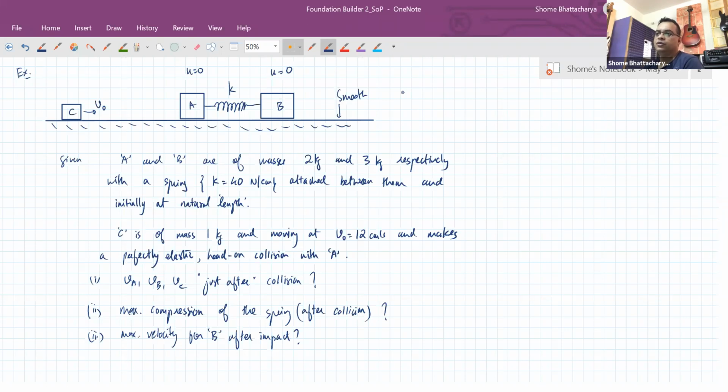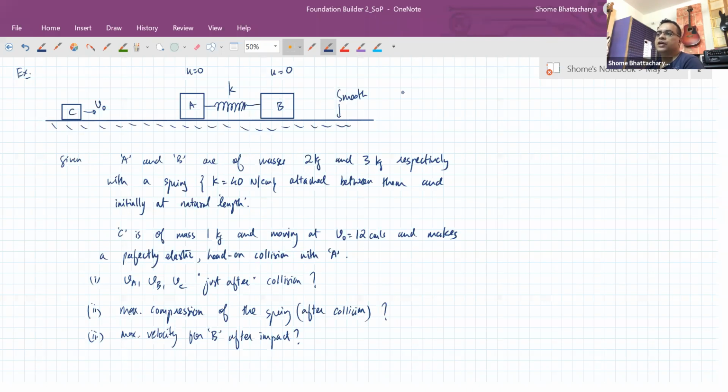So you can break it into a sequence of two events. One is an independent collision between C and A. And then the next part is that A has got some momentum, so it transfers momentum to B through the spring. So A plus B plus the spring become like a system, and you have to apply all the conservation principles to that system. But for the first event, C and A colliding, you don't have to take the spring and B into account because the spring does not have time to react yet.